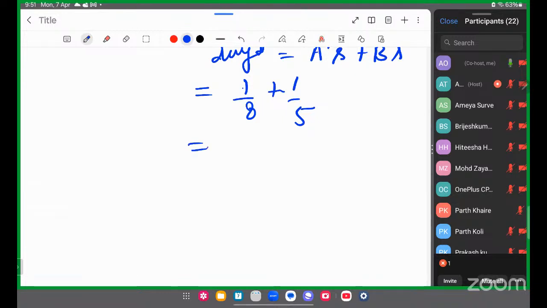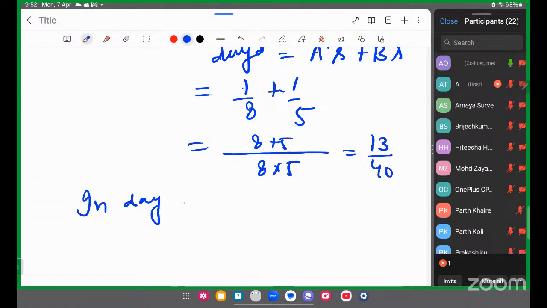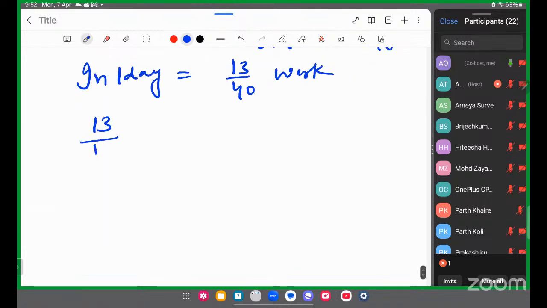What will be 1 by 8 plus 1 by 5? This will be, 8 into 5 is 40, 8 plus 5 will give 13 by 40. Which means together in 1 day, 13 by 40 of the work is done.